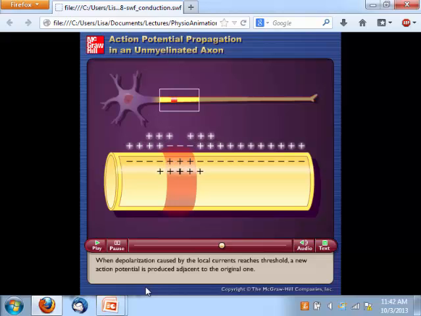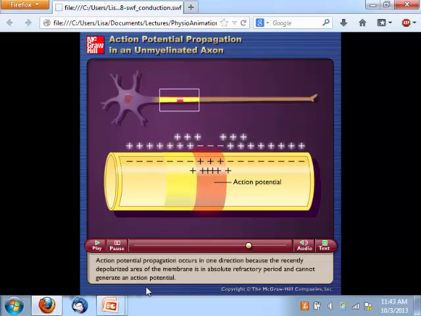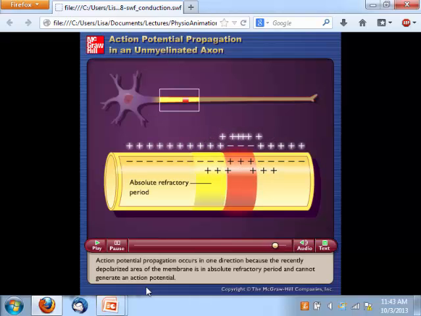When depolarization caused by the local currents reaches threshold, a new action potential is produced adjacent to the original one. Action potential propagation, which I call conduction, occurs in one direction because the recently depolarized area of the membrane is in absolute refractory period and cannot generate an action potential.